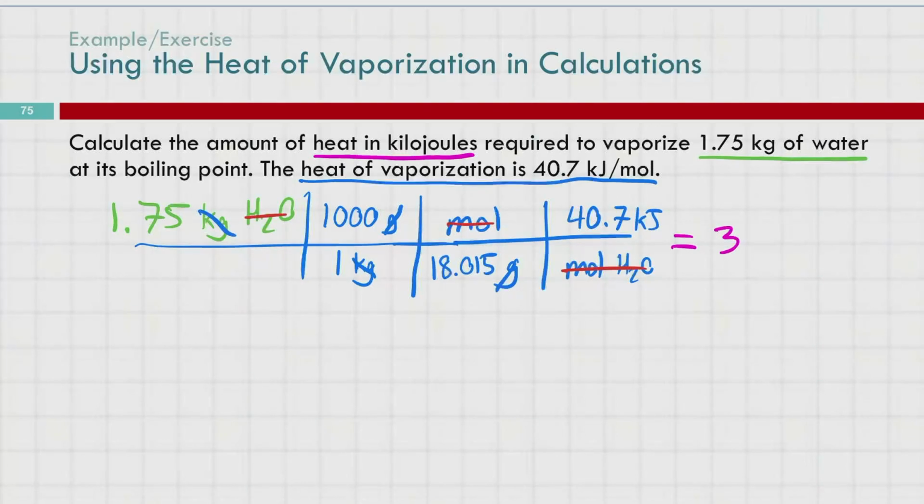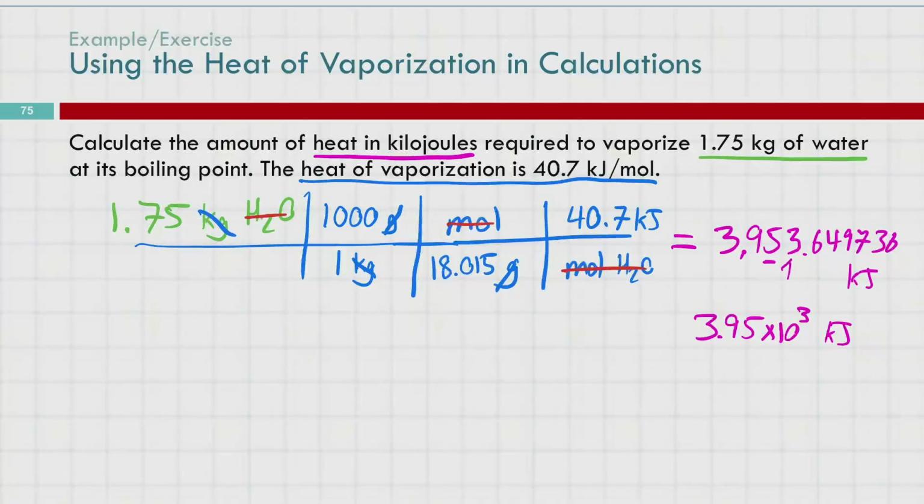So we would get out 3,953.649736 kilojoules, and that turns into 3.95 times 10 to the 3 kilojoules.